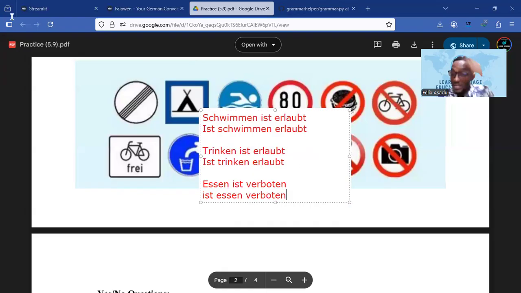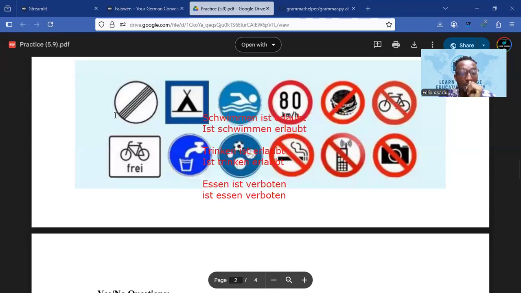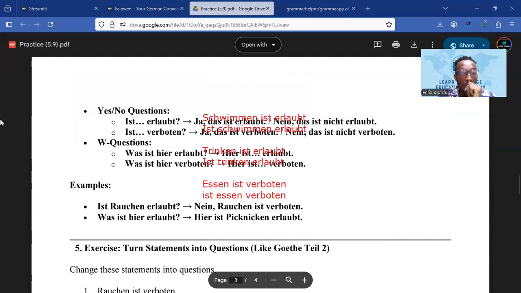So if you get the picture and you are asking the question, then we are going to use this one here. And if you are the one responding, then you are going to use this one, the one on top, which is Schwimmen ist erlaubt and so on. So that is the structure here for the yes or no question.